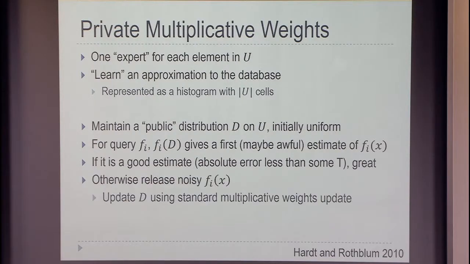And if it's not a good estimate, we're going to add some fresh noise and release an approximation to Fi of x and invoke the multiplicative weight update rule on the public distribution. And of course, these two lines in blue can be done by the curator, or by the person who's using the data set.